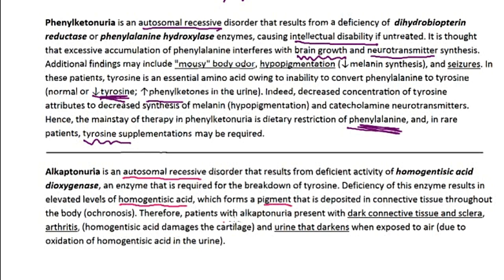Likewise, deposition of the pigments in the joints can cause arthritis that resembles osteoarthritis, and finally presence of homogentisic acid in the urine can give urine a dark color once it stays standing exposed to air, and this is due to the oxidation of the homogentisic acid, which gives urine its black color. And that concludes our discussion of the phenylketonuria as well as alkaptonuria disorders.